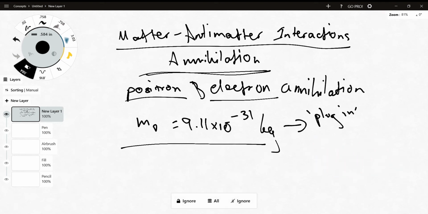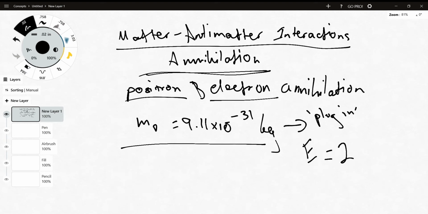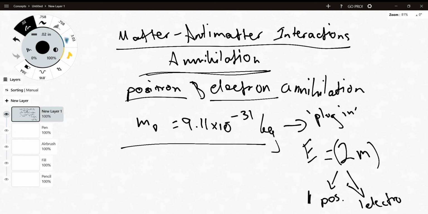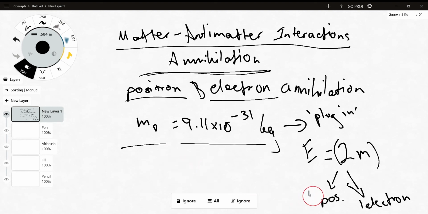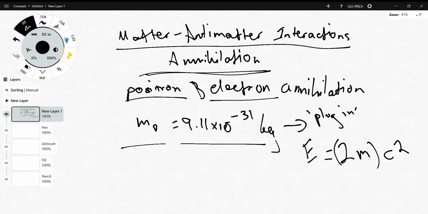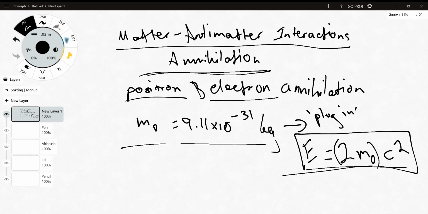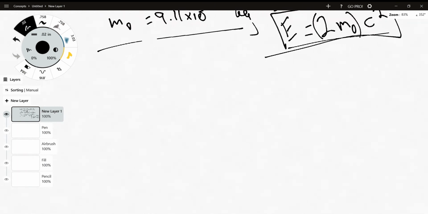E is equal to 2m, because we have one positron and one electron, with identical mass multiplied by 2. So E equals 2m0 c squared. You can feel free to calculate this now, but we will detour to a related example for a moment.